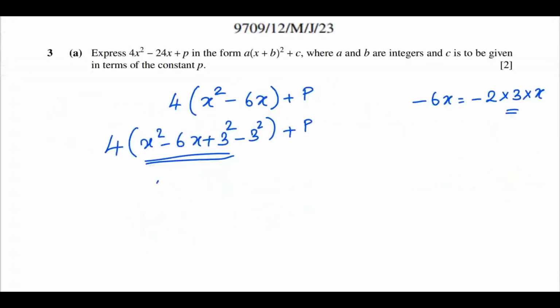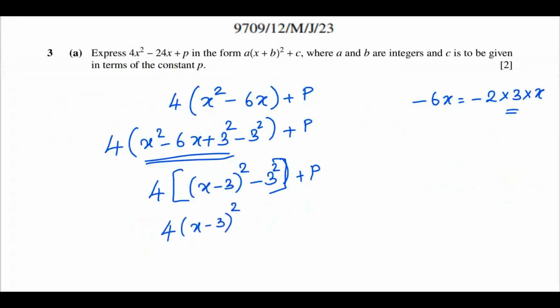So 4 multiplied by x minus 3 the whole square minus 3 square plus p. So this can be written as 4 multiplied by x minus 3 the whole square minus 3 square is 9. 9 multiplied by 4 is 36 plus p.